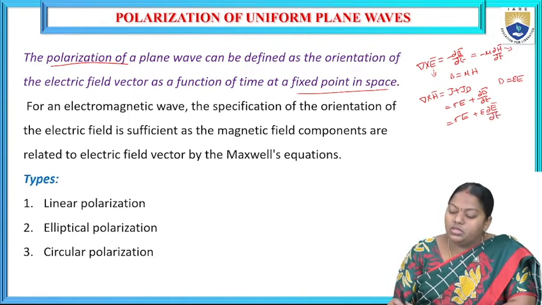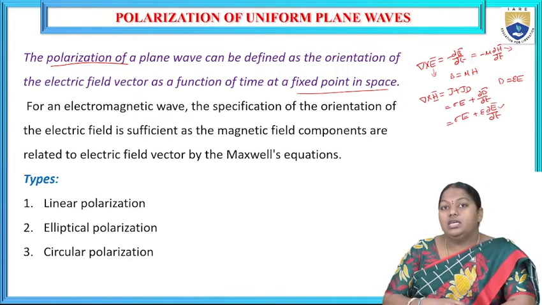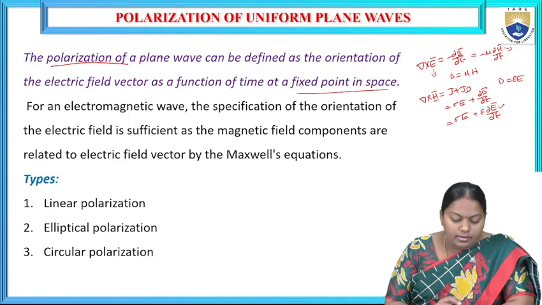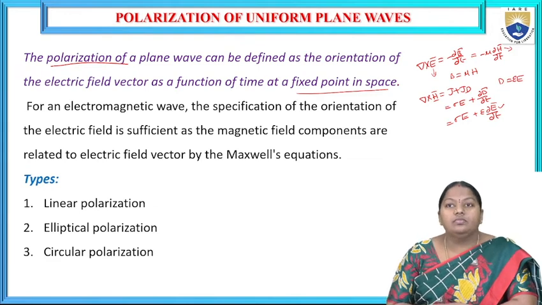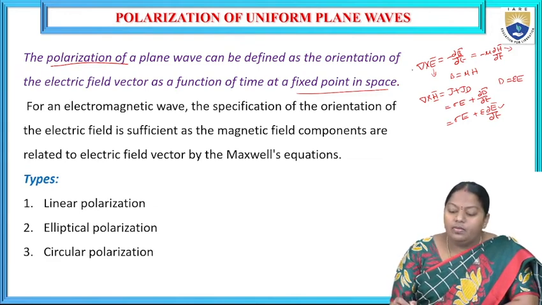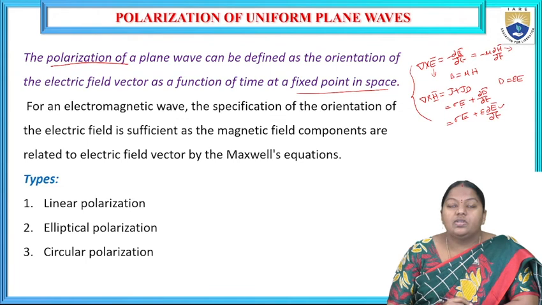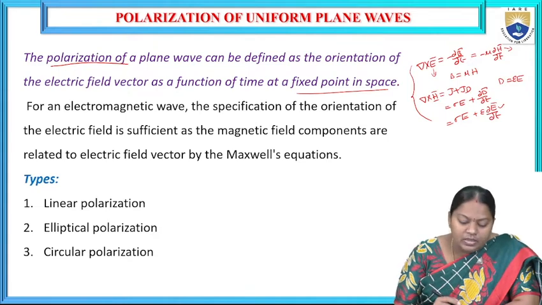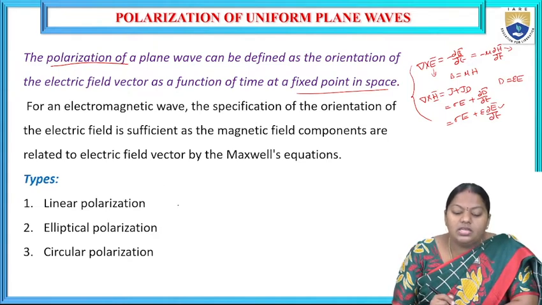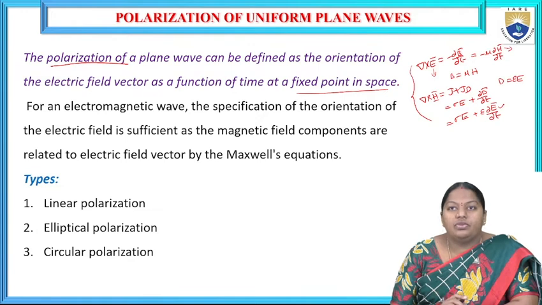From these two equations as well, if you derive the equation for H, automatically we get the equation for E also. So we consider these two Maxwell's equations in order to get the relation between electric and magnetic fields.